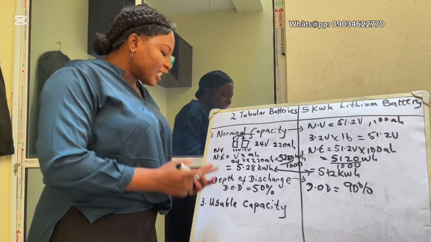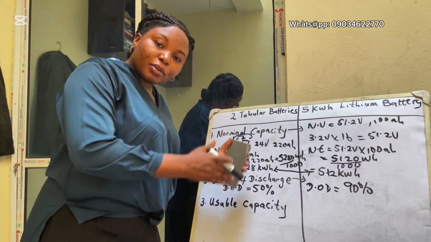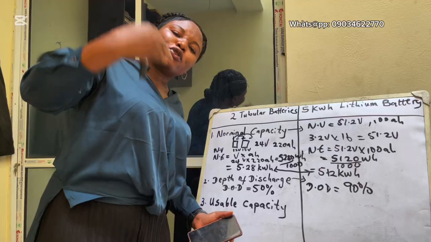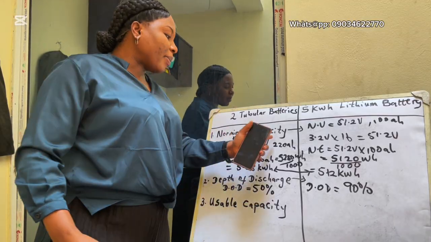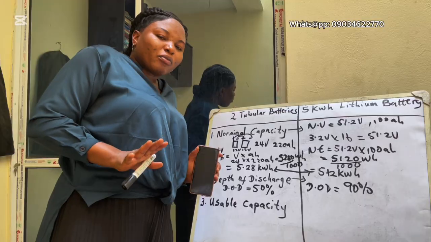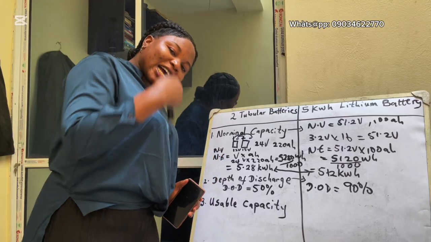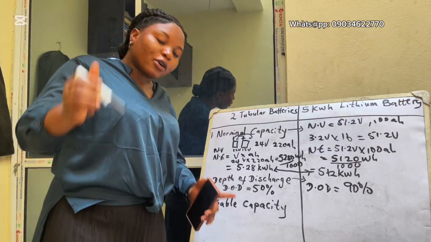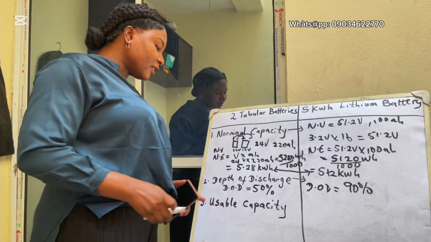So we're going to look at the usable capacity. We have the nominal capacity, which is the normal capacity from the manufacturer. Now let's look at what we are actually going to use out of the battery, which is the usable capacity. When you want to use it at home, let's calculate how you are going to use it, using the depth of discharge, which is 50%.